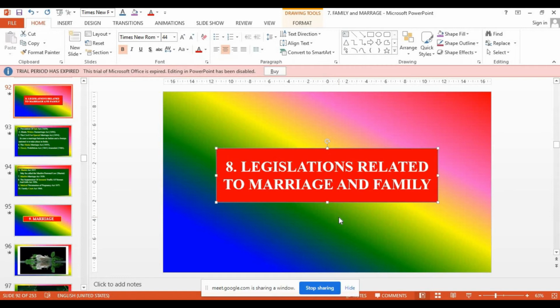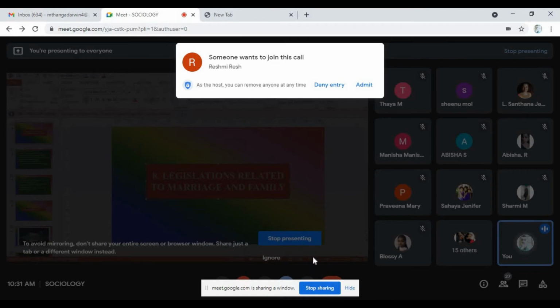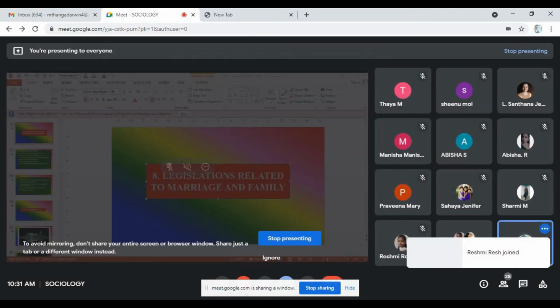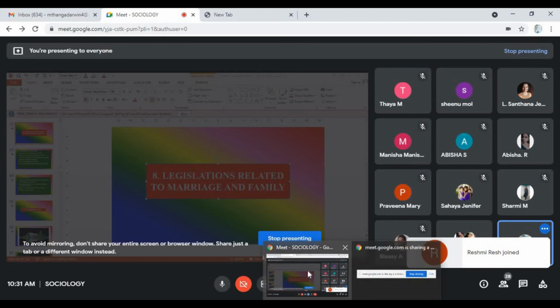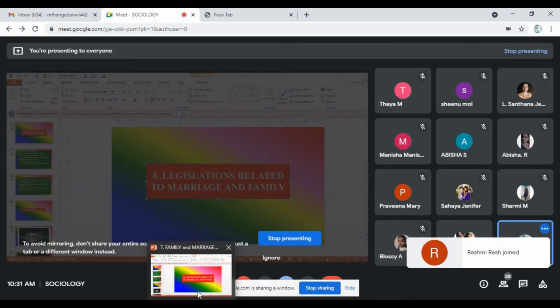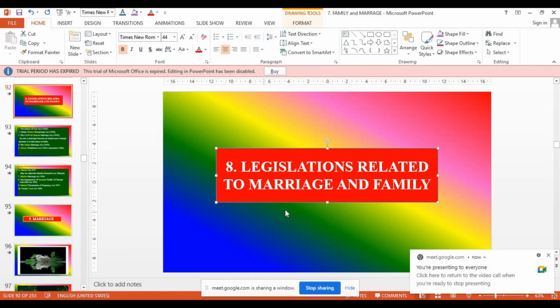MPs and MLAs. MPs in the central government and MLAs in the state government are called legislators, with the power to make law. So people make law. That is why it is called legislation.